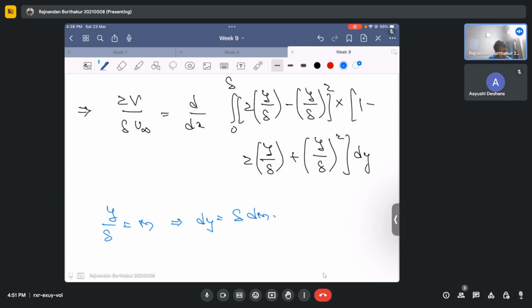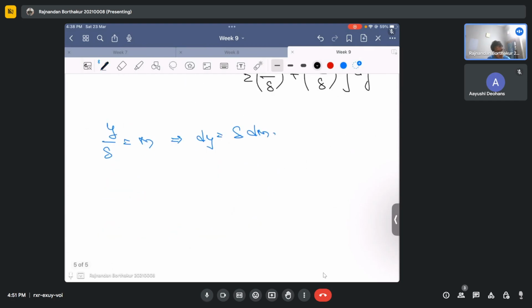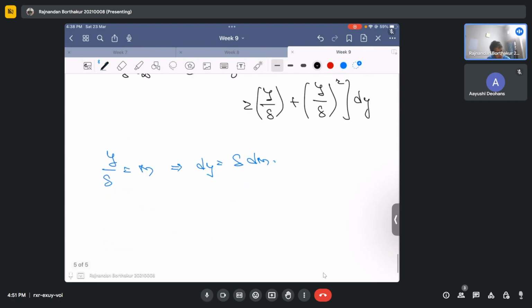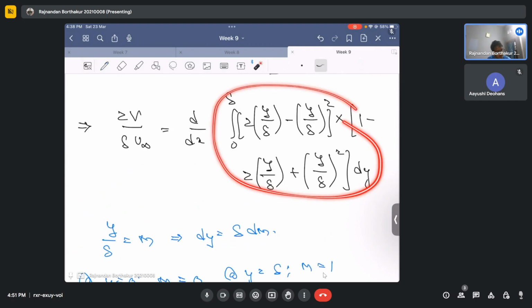Also, at y equal to 0, m becomes 0, and at y equal to delta, m becomes 1. So this whole integration will just reduce to what?